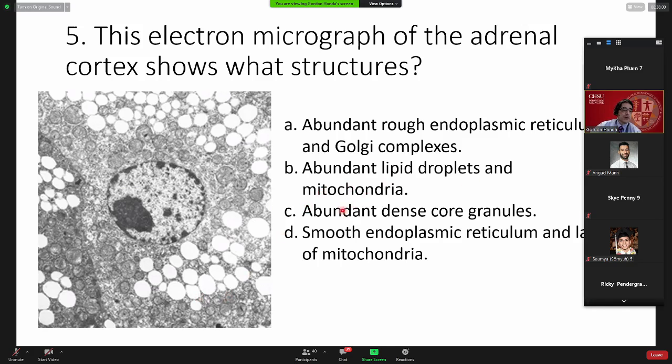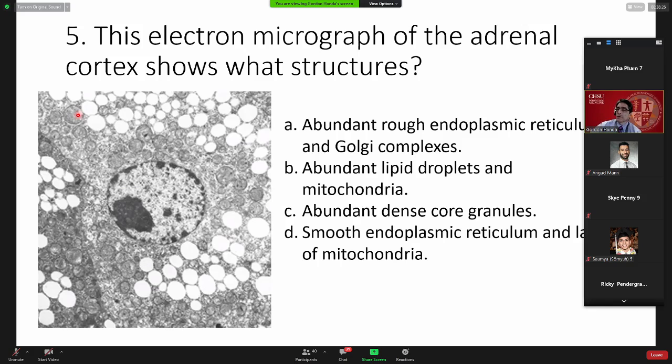Now, one approach is to figure out what we're looking at. The other way of approaching the question is, okay, this is from the adrenal cortex, which we know synthesizes steroids. We had all these lectures about how cells make steroid hormones.